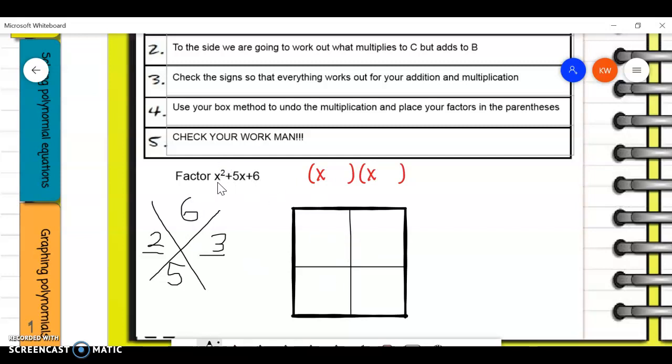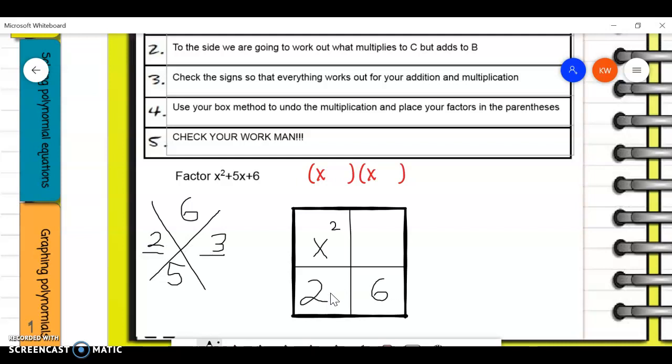So, we obviously know x squared and 6 we get from multiplication using the box method. So top in the left, we're going to put this x squared, and in the bottom right, we're going to put that 6. Now, 5 is made up when we add 2 and 3, so these two are going to have x's attached to them.